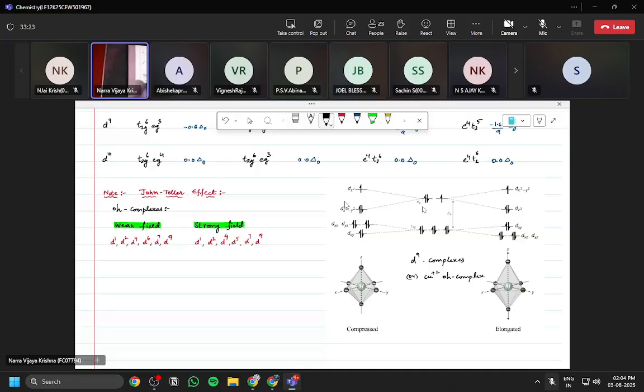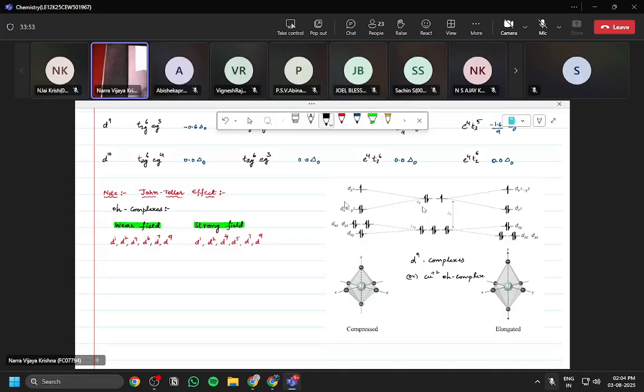Correct or not? Now here dz square orbitals must be closer to the nucleus. If dz square orbitals are closer to the nucleus, what happens to repulsions? Increases, and hence they will get elongated, right? So due to unsymmetrical distribution of electrons, these eg orbitals further split to show distortion in octahedral geometry.